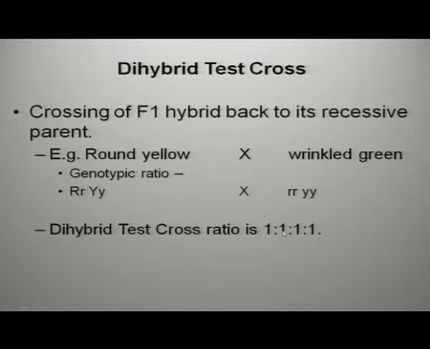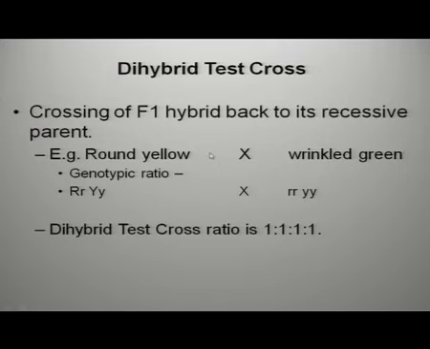As we all know, in the monohybrid test cross the ratio is 1:1. Here it is 1:1:1:1. So, if the progenies are appearing in 1:1:1:1 ratio, then the genotype of the unknown individual will be heterozygous. Here it is heterozygous for 2 pairs of contrasting characters.